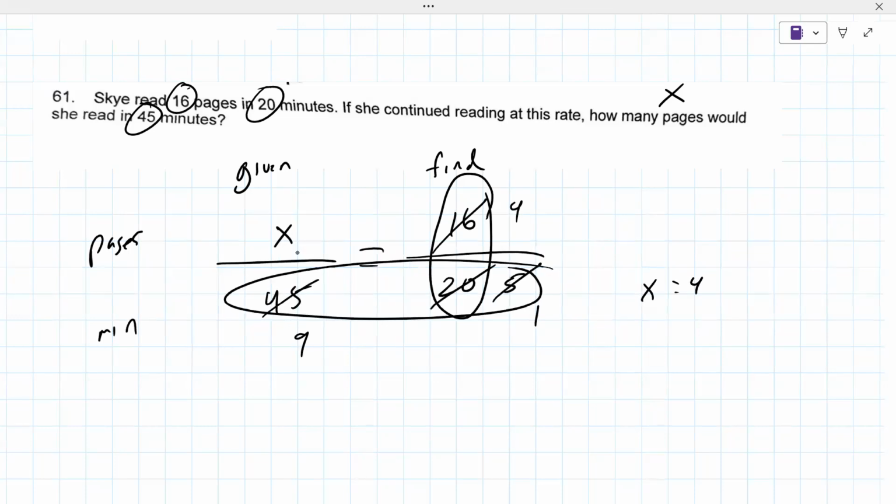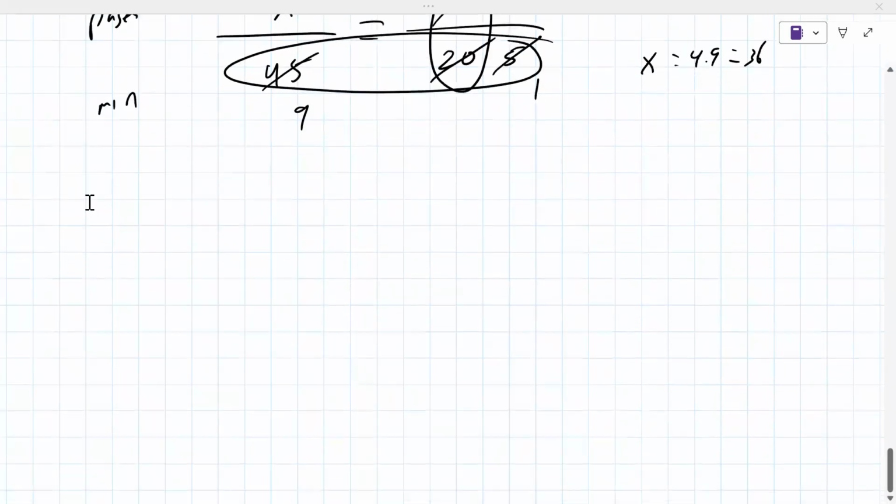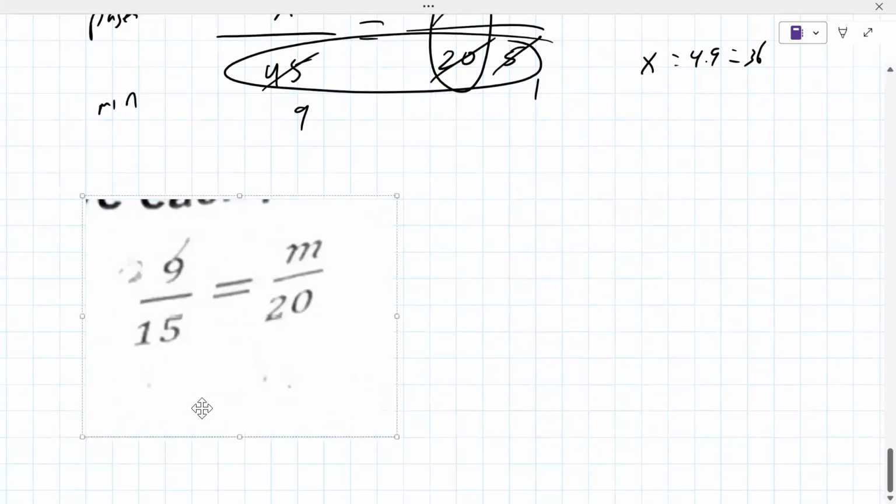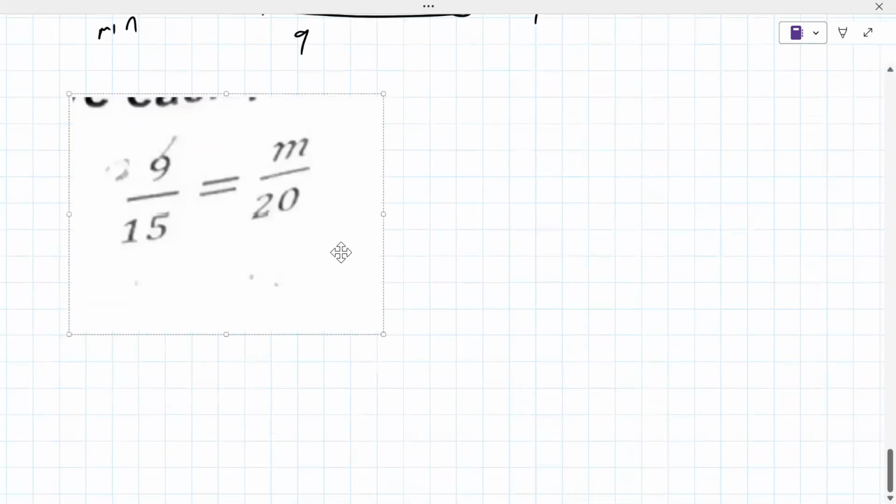So x equals 4 times 9, which is 36 pages, like you said. Does that at all look familiar to how you did it? Because you must have done something similar. I mean, kind of. All right, good enough. Do you want to try solving this one?